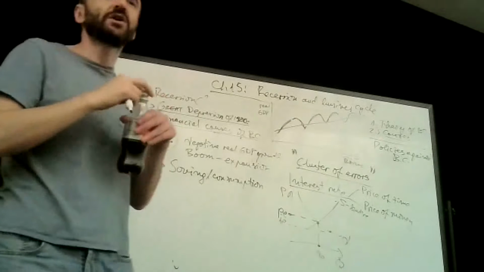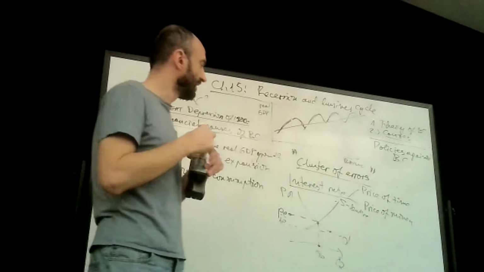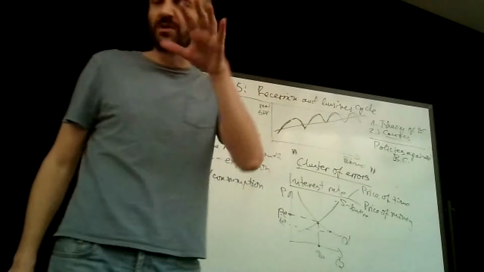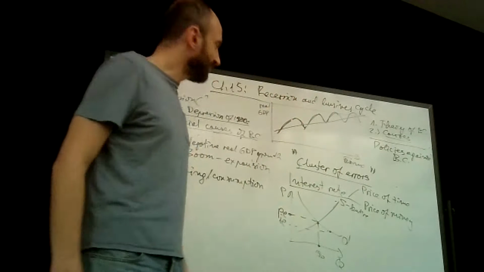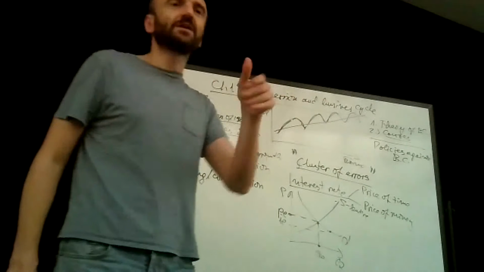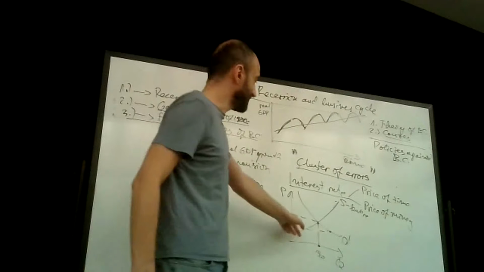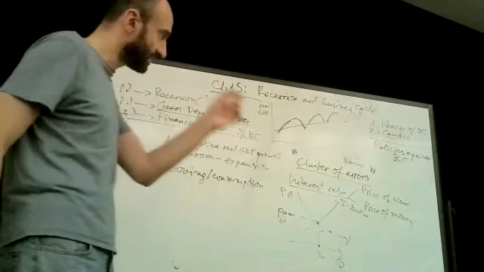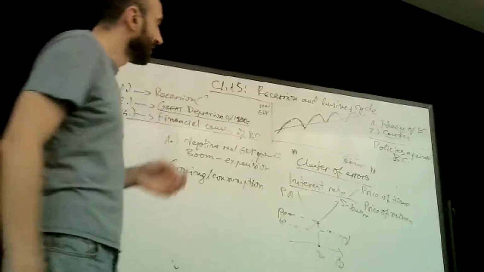Now we can see the preliminary statement here that the phenomenon of business cycle has something to do with messing with the interest rate. And I'll try to explain now how that is.